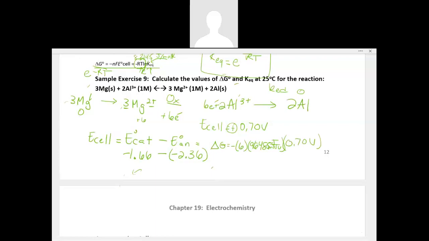So this turns out to be a value of negative 405,237 joules. Now I'm going to take this information and plug it into my K eq equation. I'm going to convert this to kilojoules first because I want that to cancel out with my gas constant, so I'm going to put that in kilojoules as well.